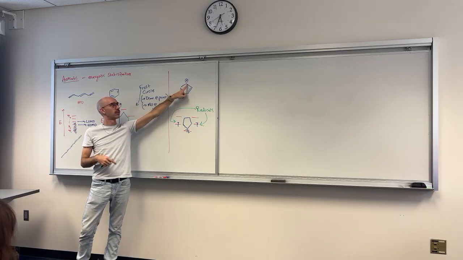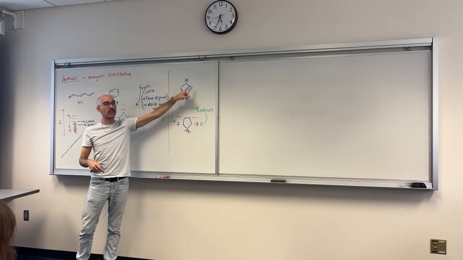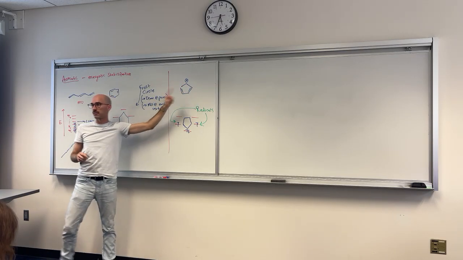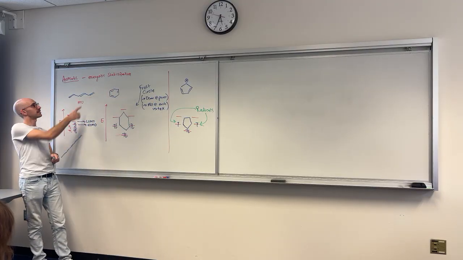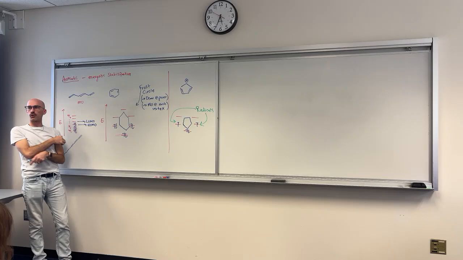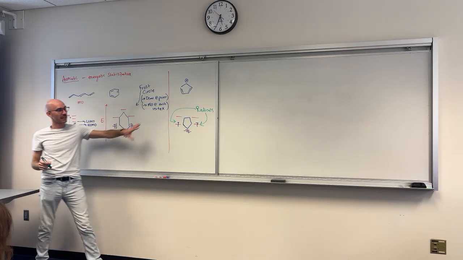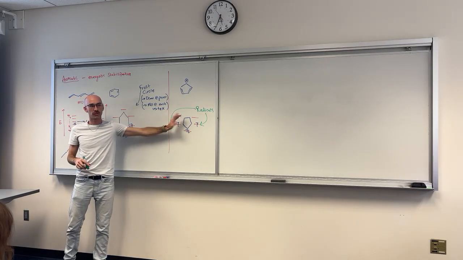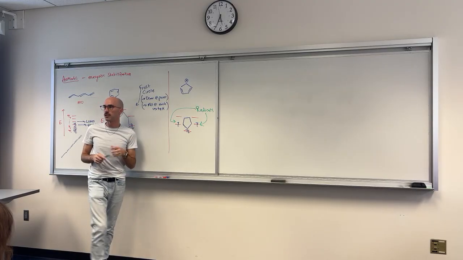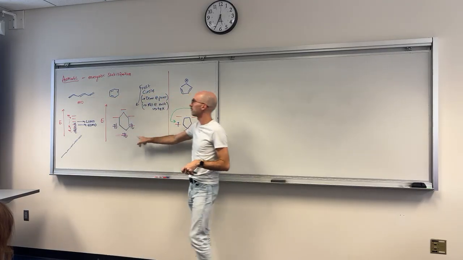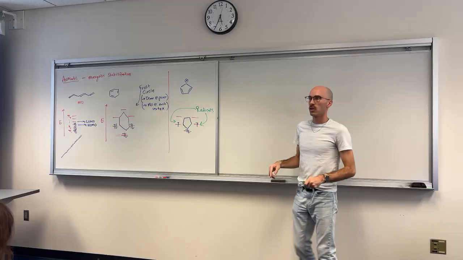unhybridized p orbital. So this is a fully conjugated system in the same way that this is a fully conjugated system, in the same way that this is a fully conjugated system. And yet this compound creates 2 radical electrons. Do you think that has a stabilizing effect like aromatic?